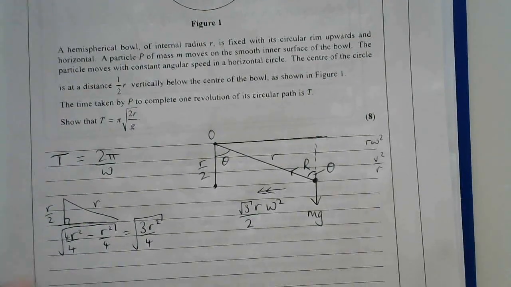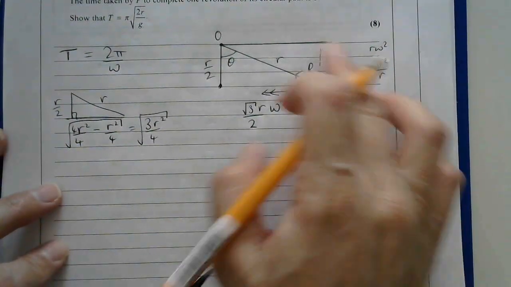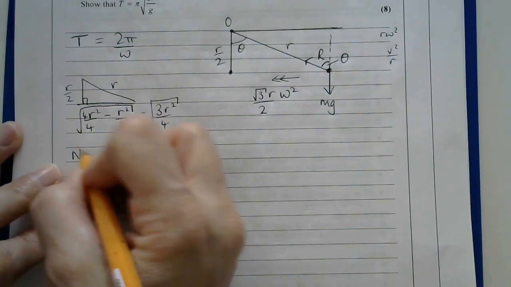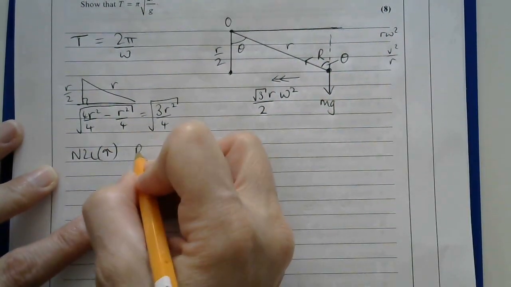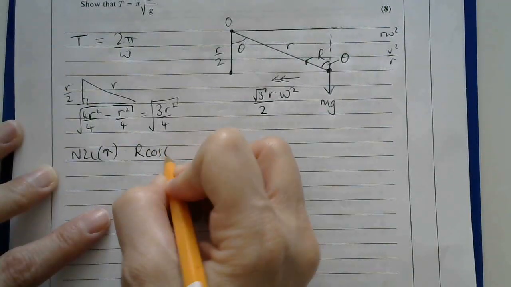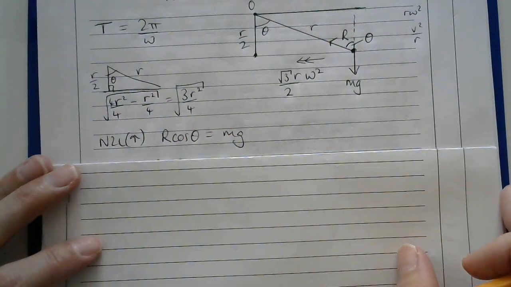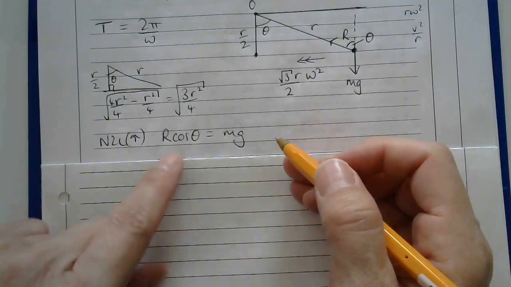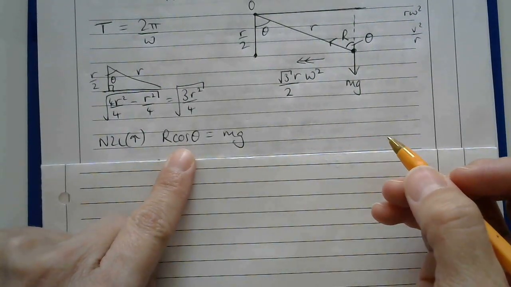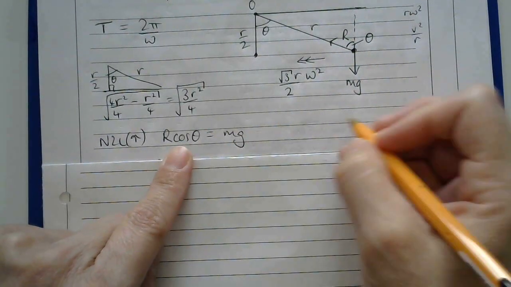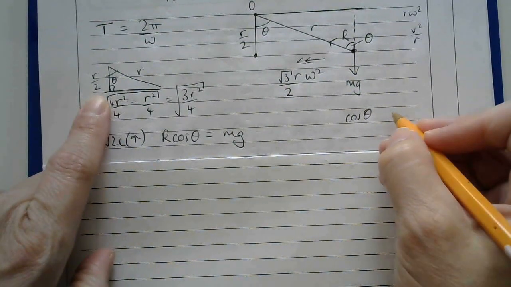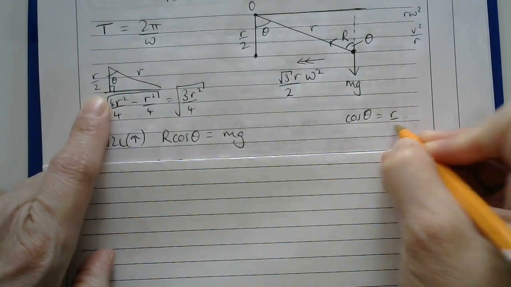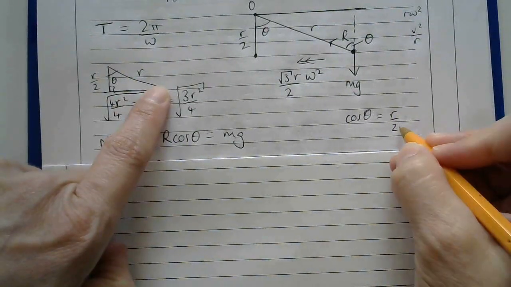Okay, so now I'm ready to use Newton's second law here. So if I apply Newton's second law vertically, then I can get R in terms of mg. So R cos theta is equal to mg. So at this point, let's try to get what cos theta is. Cos theta, using this triangle, is the adjacent r over 2 divided by the hypotenuse.